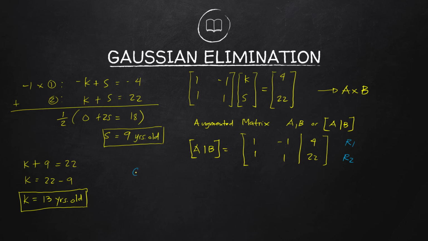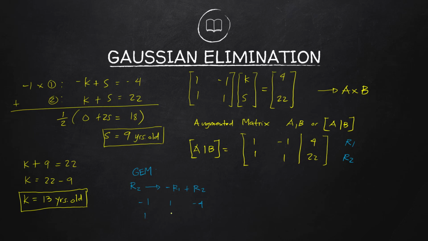So using the Gaussian elimination method, to find the new row 2, we need to multiply row 1 by -1 or negate it and add row 2. Basically, we are applying the same concept as ordinary elimination, but in this case, we are only using the coefficients so that we can easily do elimination.